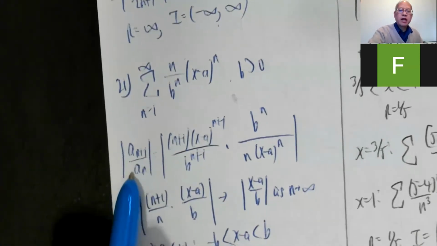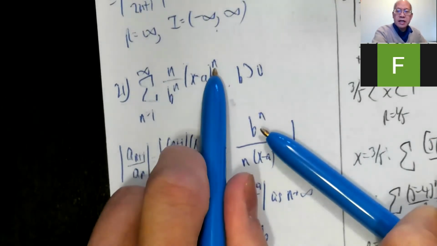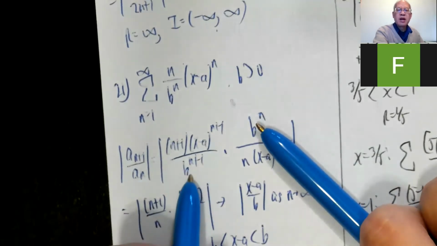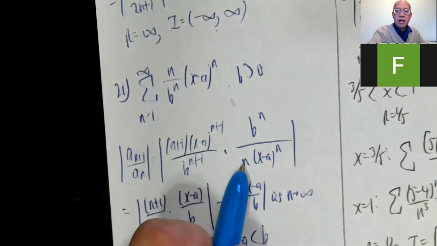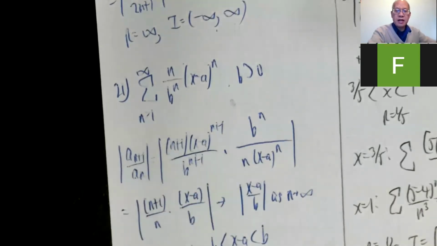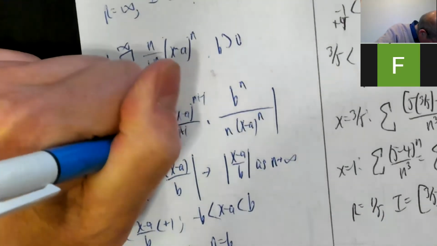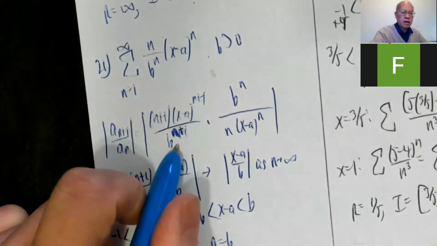Okay, so ratio test. A sub n plus 1 over a sub n, absolute value. Change that to n plus 1, change that to n plus 1, and change that to n plus 1. And just flip this original, b to the n, x minus a to the n. That's funny, this should be n plus 1, b to the n plus 1.